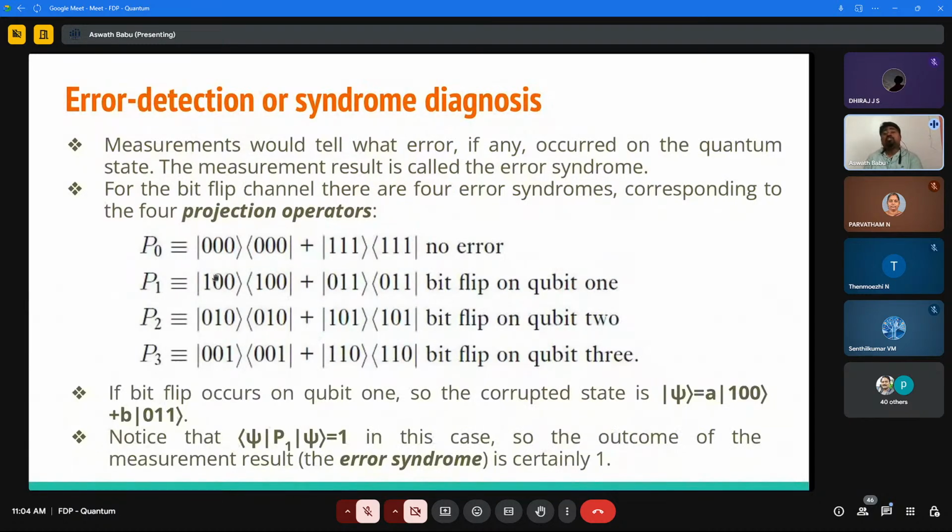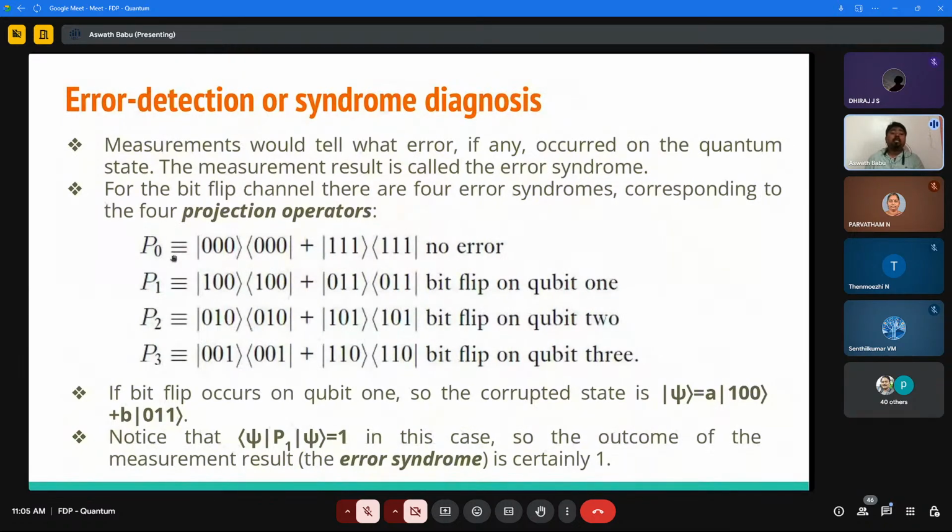Okay? Similar story you can apply if, let's say, the second qubit is going to be flipped, that is detected by projection operator P2, and projection operator P3 when it happens in the third qubit. See, the projection operators I have constructed out of the basis elements itself.